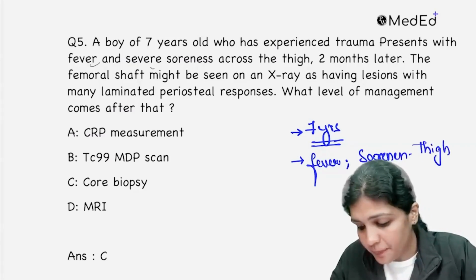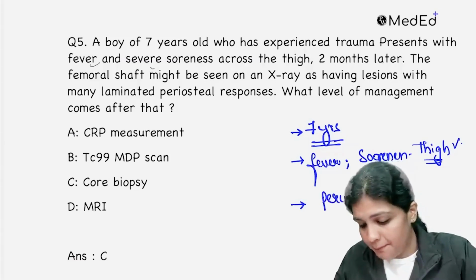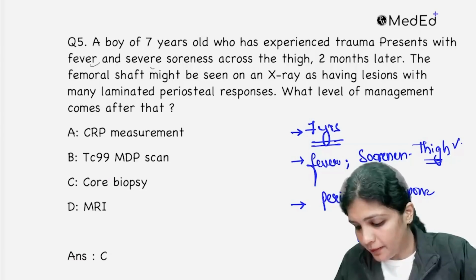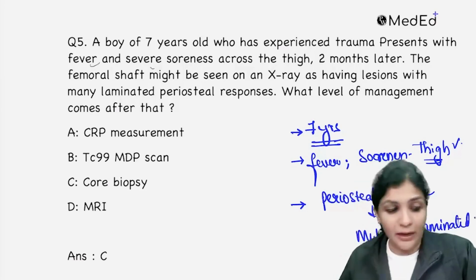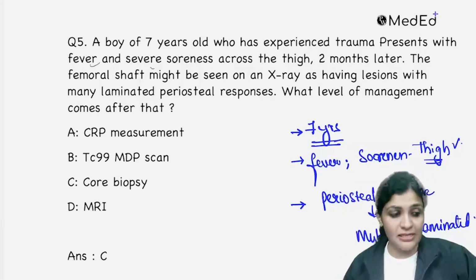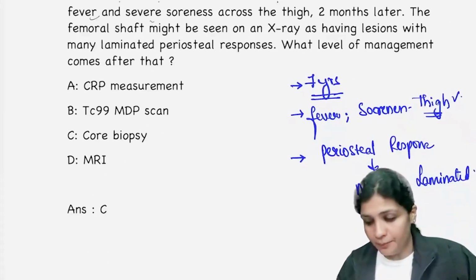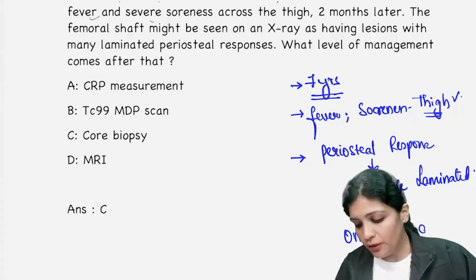And then what they're telling is there is a periosteal response, and this response is multiple laminated periosteal. So multiple laminated periosteal responses is nothing but your onion peel appearance, right?